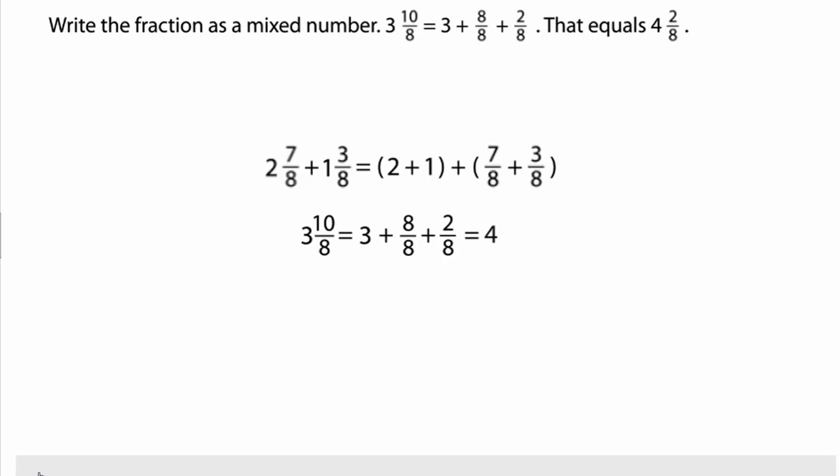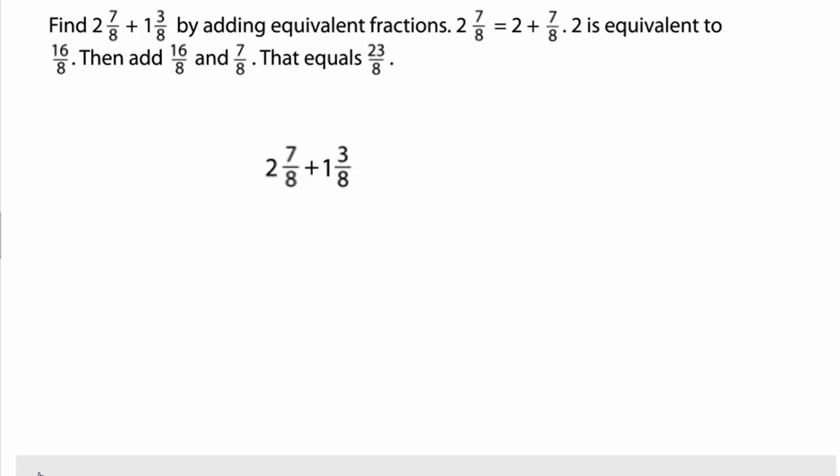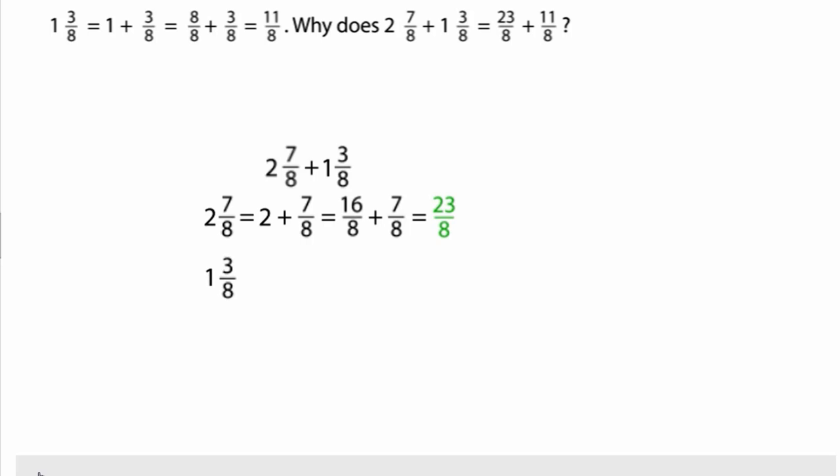That equals 4 and 2/8. Find 2 and 7/8 plus 1 and 3/8 by adding equivalent fractions. 2 and 7/8 equals 2 plus 7/8. 2 is equivalent to 16/8. Then add 16/8 and 7/8. That equals 23/8. 1 and 3/8 equals 1 plus 3/8 equals 8/8 plus 3/8.